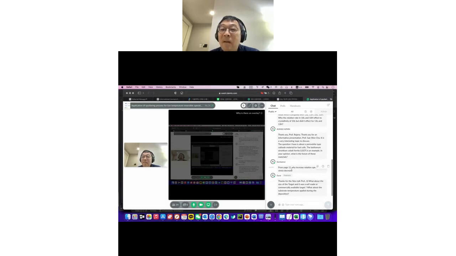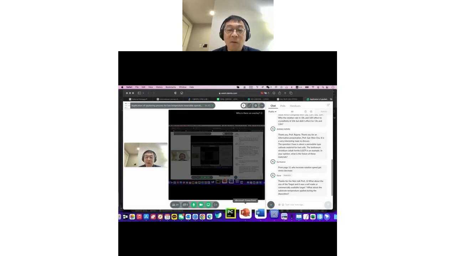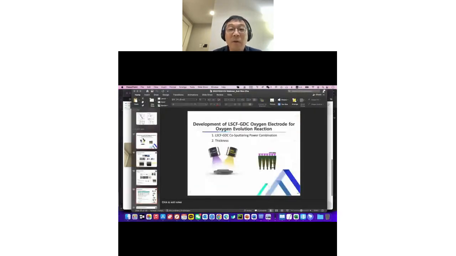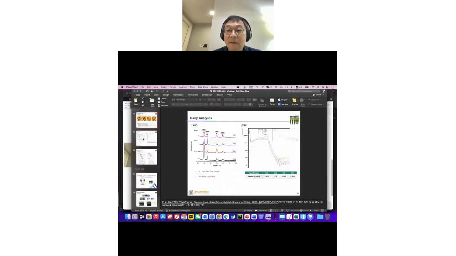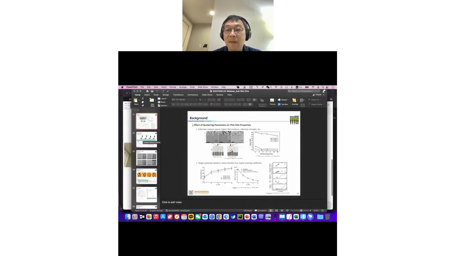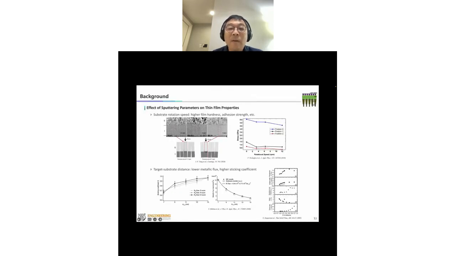Another question is why increasing the rotating speed decreases the stress. That's also a good question, and it's a generally observed phenomenon. When you increase the rotating speed, the deposition angle changes faster, versus if you make it extremely slow, the deposition direction is more fixed.